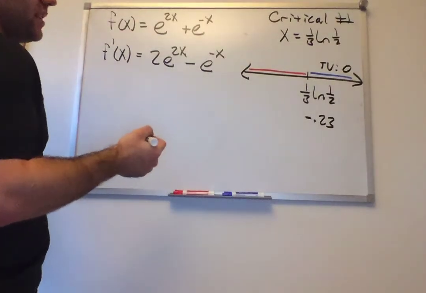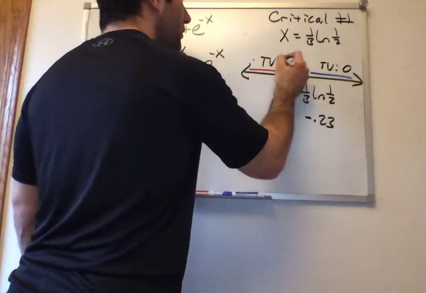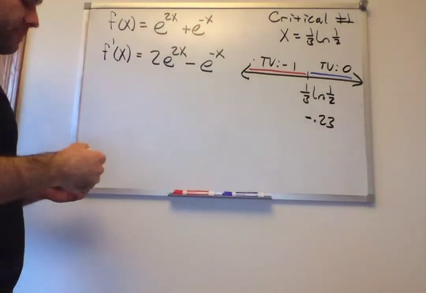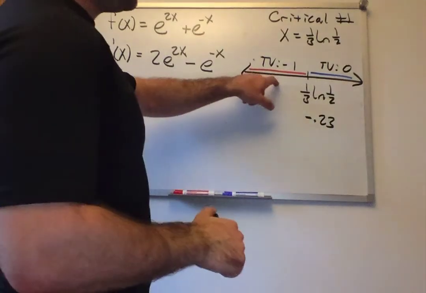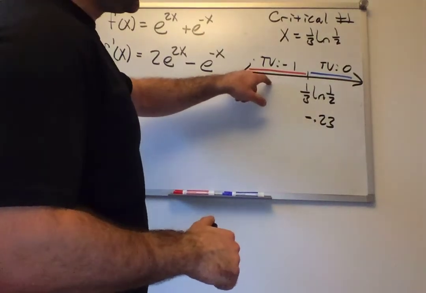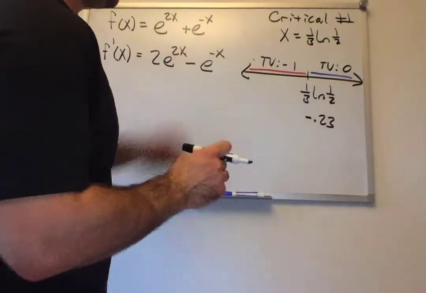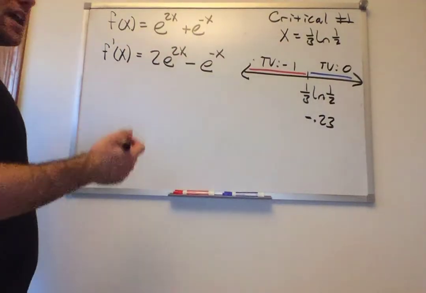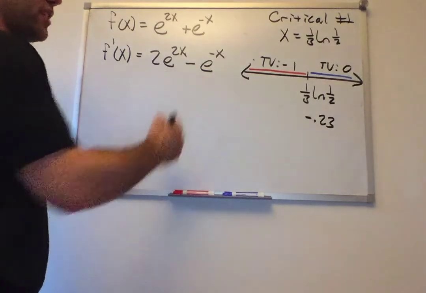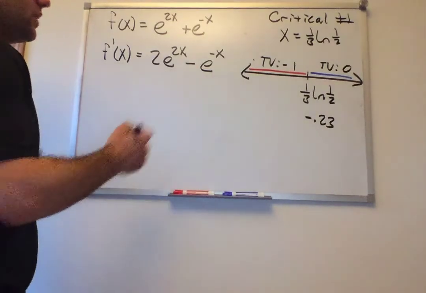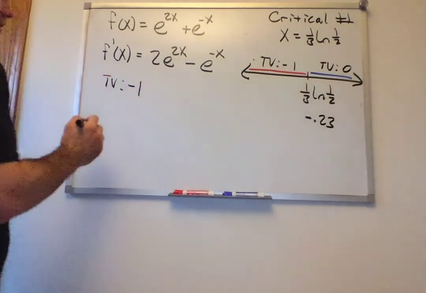I'm also going to pick another really easy test value, negative 1. Now we just need to find the sign of each interval. So it's plug these in pretty much like we're doing the increasing, decreasing test. We don't need the greater than or less than zeros though. So plug in negative 1, our test value.